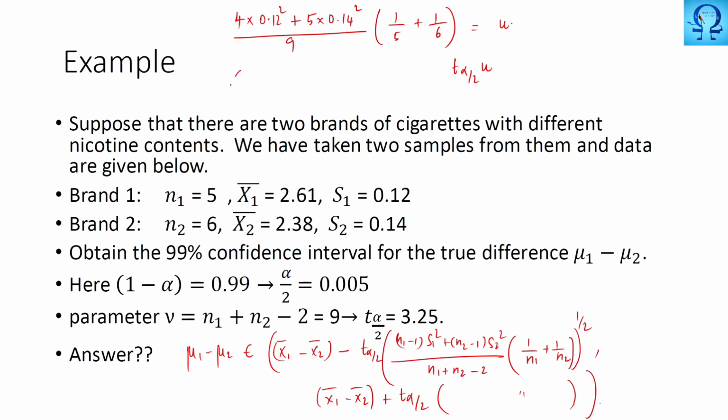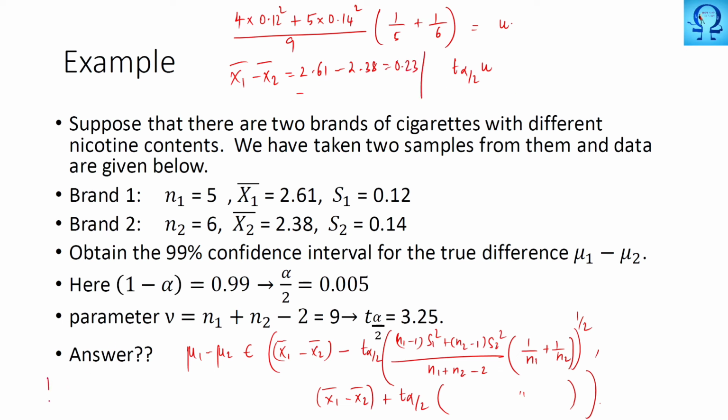And x1 bar minus x2 bar, which is 2.61 minus 2.38, which would be 0.23. Yeah, it's 0.23, isn't it?